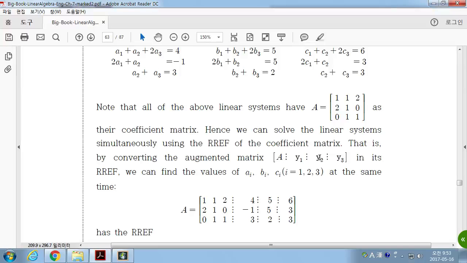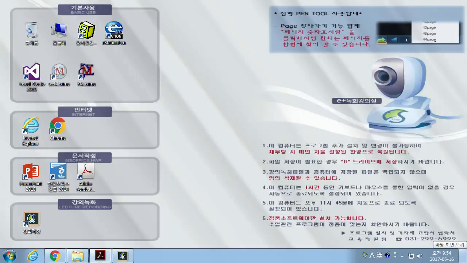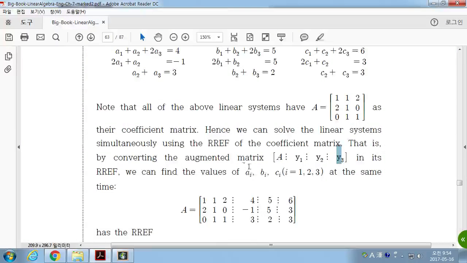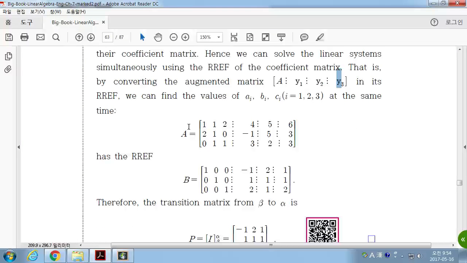And with A and y3, you can find the C1, C2, and C3. Okay? So you have to solve three linear systems of equations. But what you did was just doing the RREF, the same RREF. So just solve all those at once. Just form a matrix A and y1, y2 and y3 as the three augmented columns here.